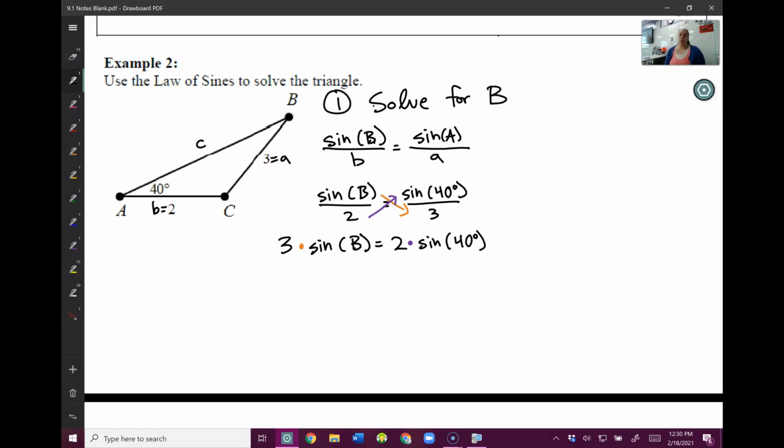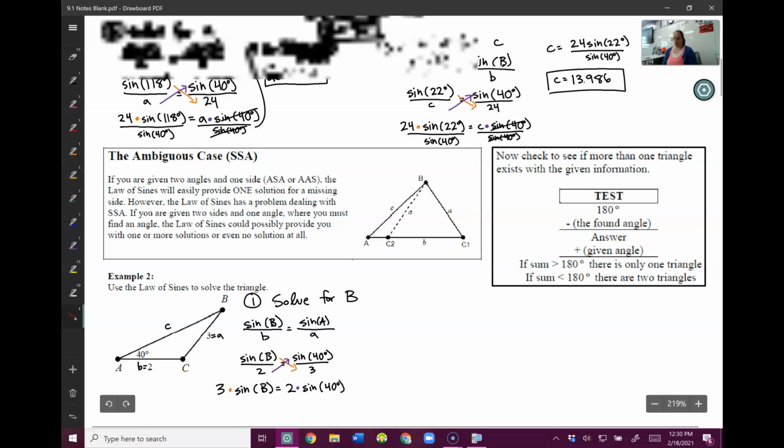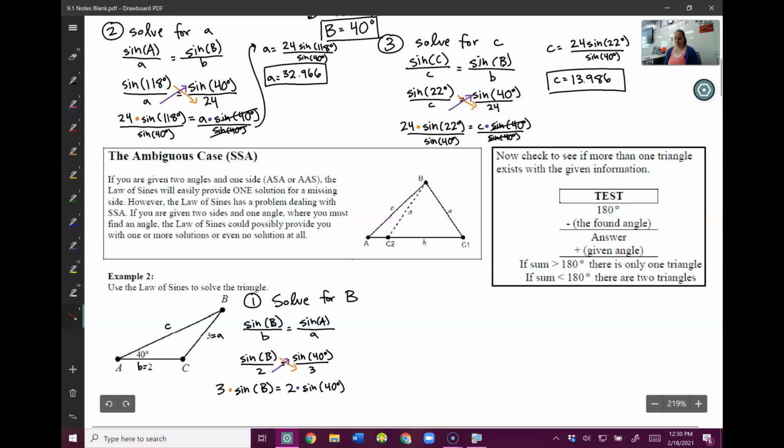Now, pause right here. I want you to notice that this problem is fundamentally different than what we've done so far, and here's why. Let's compare this to the ones we did up here. Notice that at this point up here, when we were right here, look at where my letter is.